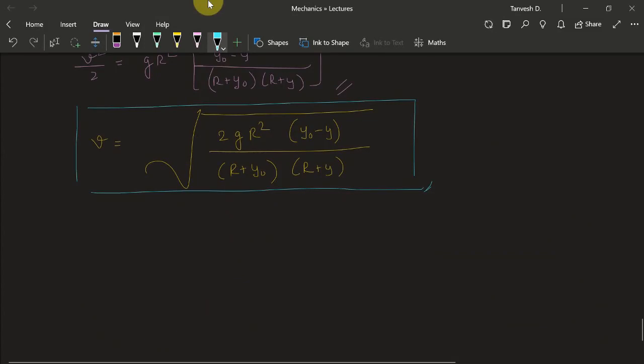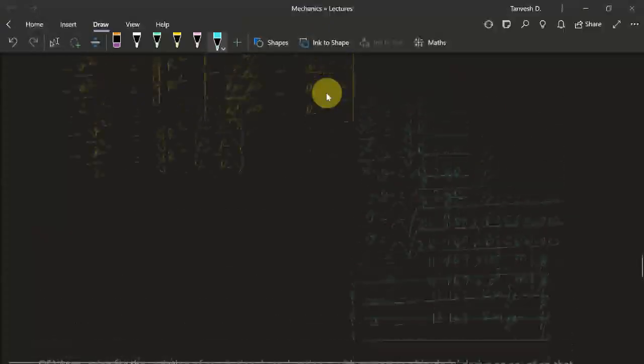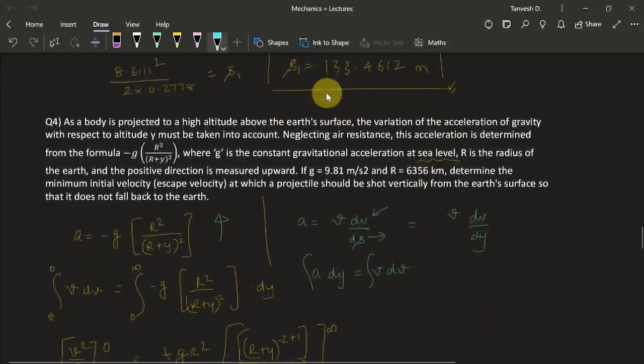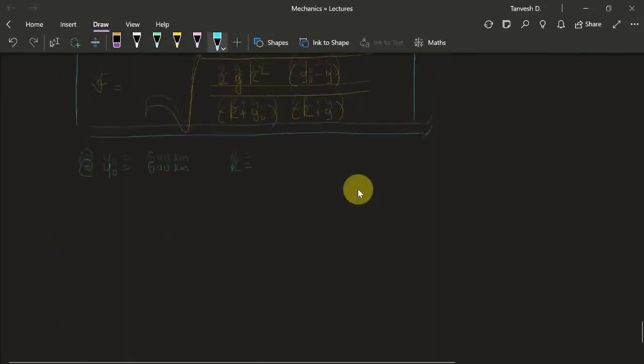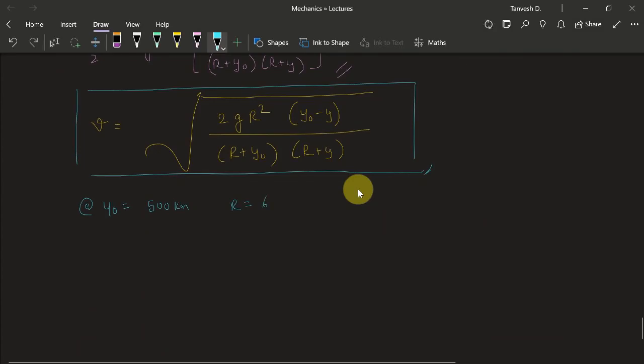In this equation, y0 equals 500 kilometers, and R is the same value as before, 6356 kilometers, and y equals 0 because we are finding the impact on the surface of the earth.